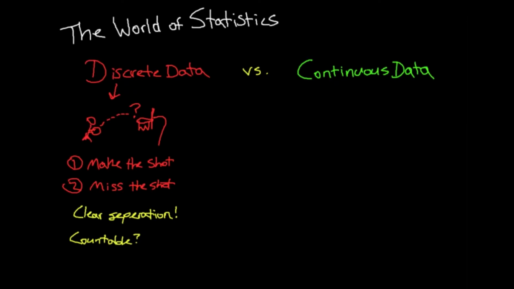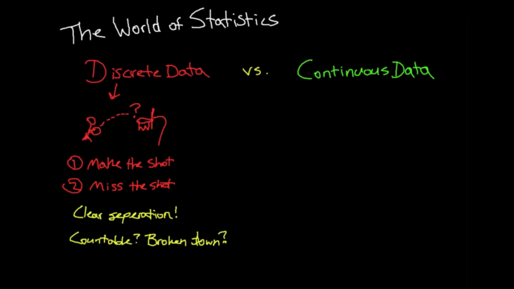And can it be broken down into smaller parts? So those are two really good questions to ask yourself when looking at discrete data. So two things happen. There's separate events, you either make or miss. And is it countable? Can it be broken down?